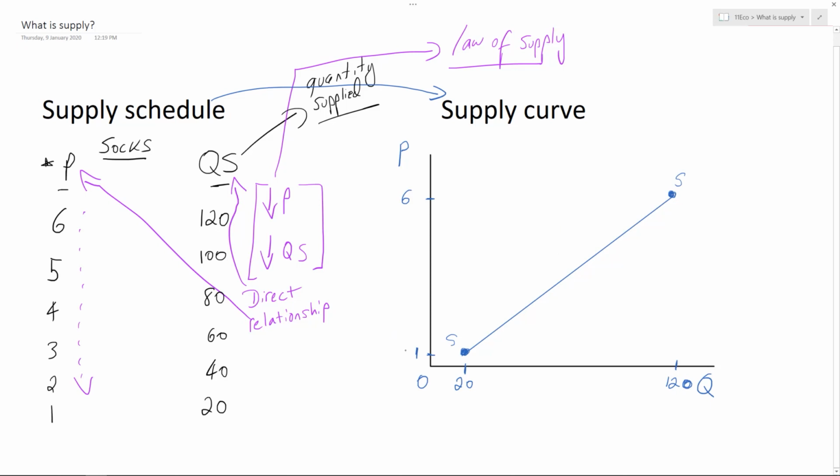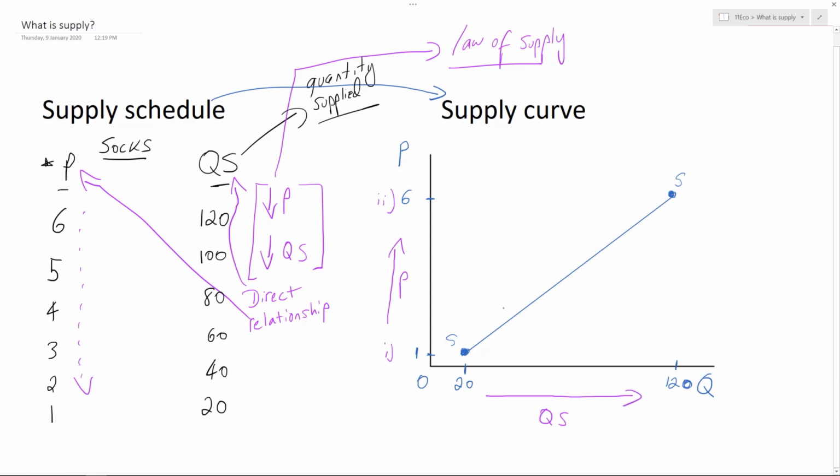If we start at $1, so let's say we start here and we move towards 6, as we increase price, we're moving up that way, and as price goes up, quantity supplied will increase.